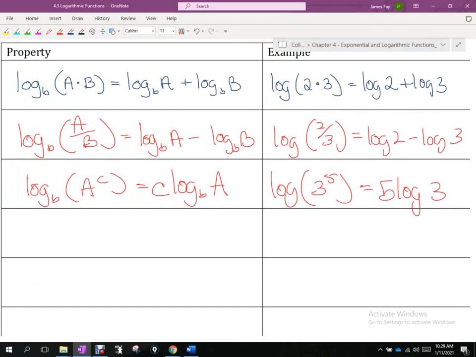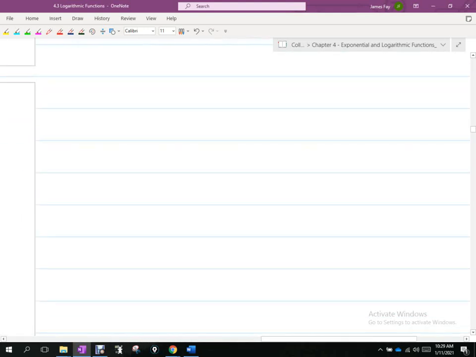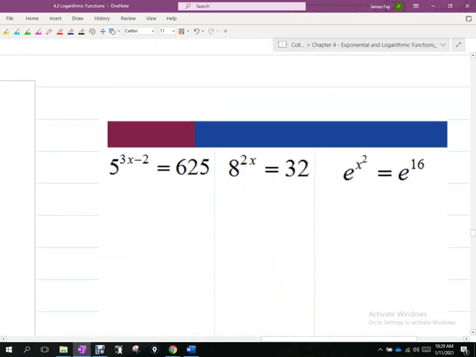Tomorrow, those are going to play a pivotal role in how we solve logarithmic equations. We're going to have to address those first a lot of times before we can really get into the practice of solving a logarithm. What I'd like to do right now is actually get into solving some exponential equations.